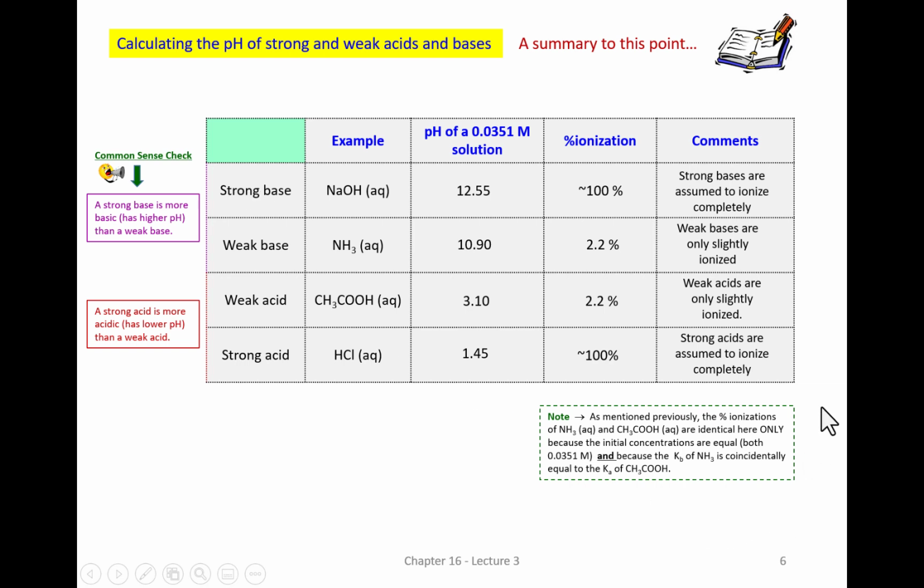In part two of this lecture, we want to look at additional examples of acids and bases, calculate their pH values and percent ionizations, to point out a few other things related to acid-base behavior. So we'll add to this table at the end of this part two of this lecture.